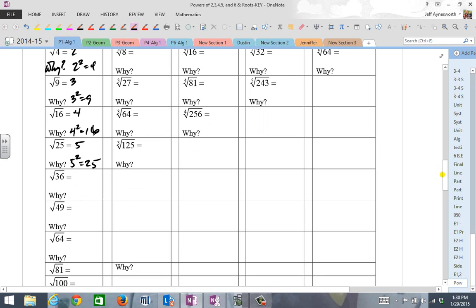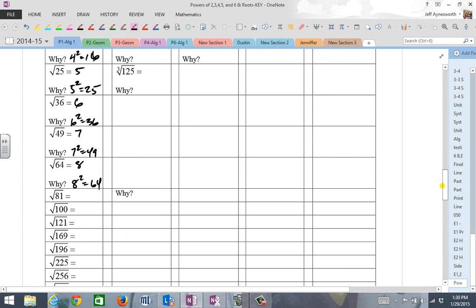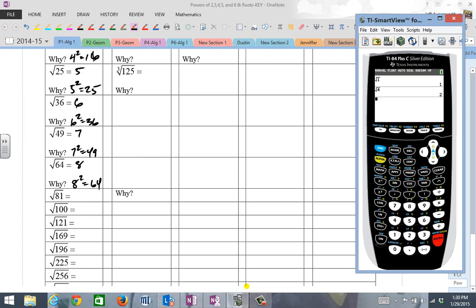The square root of 36 is 6. Why? Because 6 squared equals 36. The square root of 49 is 7, because 7 squared equals 49. The square root of 64 is 8. Why? 8 squared is 64. By the way, if you're not good at the arithmetic, you could be using your calculator. For the square root of 64, you go second x squared, which is the root.